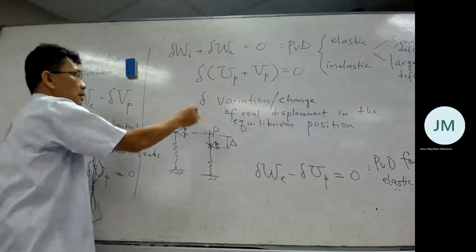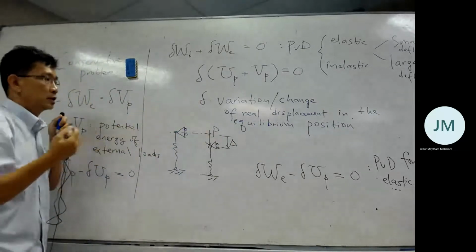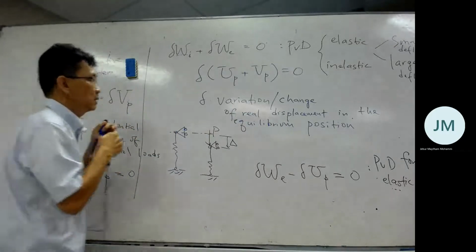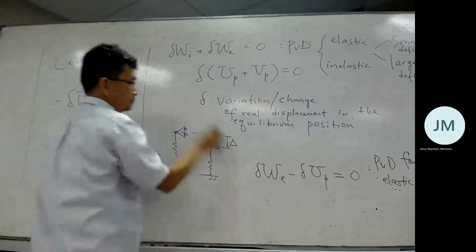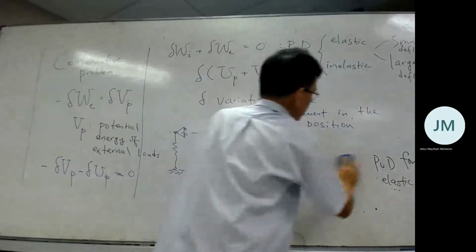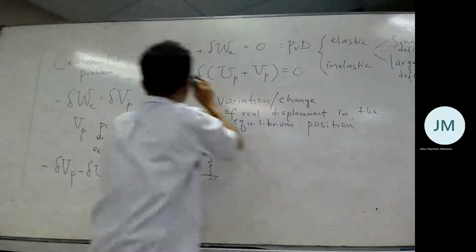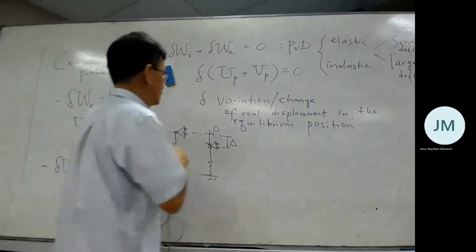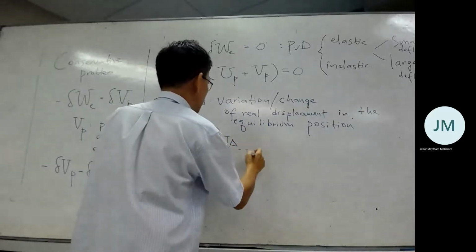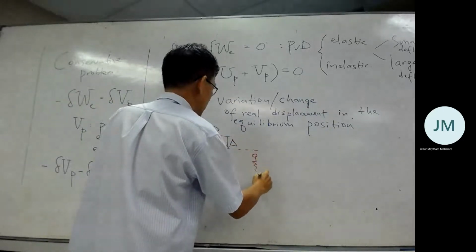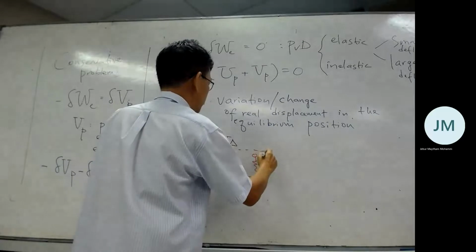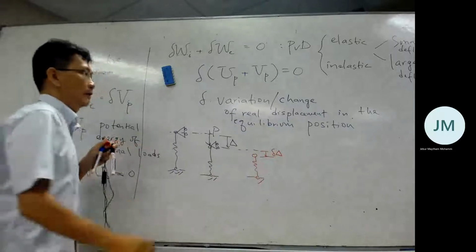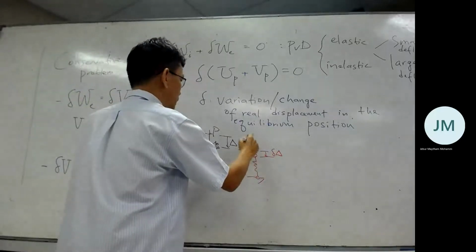So this delta that we are going to understand here, variations, means you give a change to this. From this state, you give a change, a variation of delta, with the load P acting there.